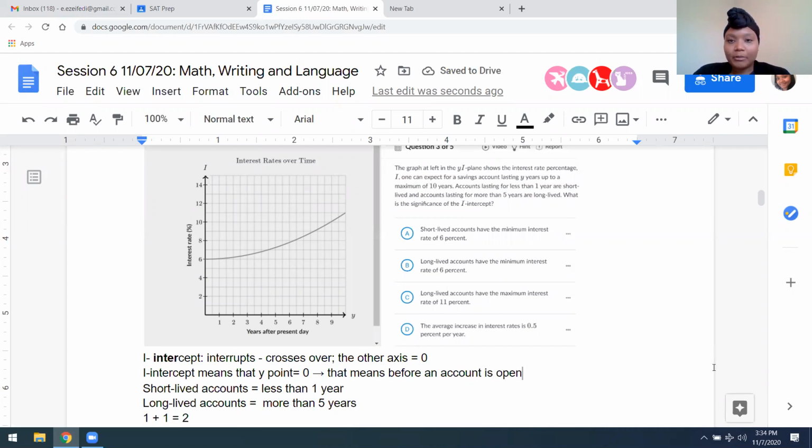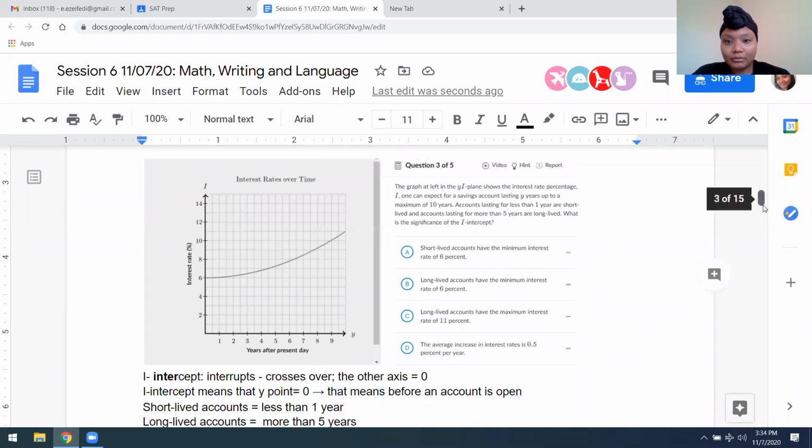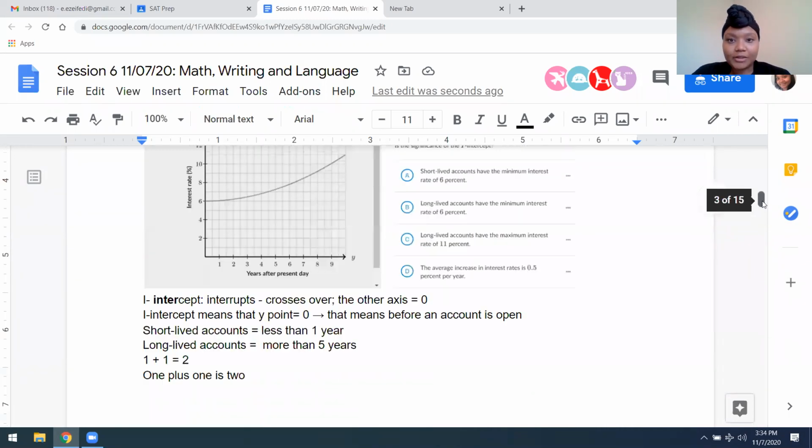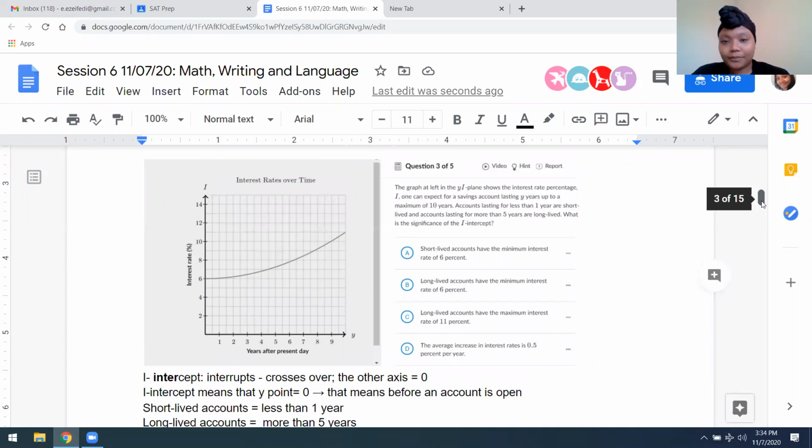So before an account is open, it already starts off at 6%. So that would count as short-lived accounts because that's the same as being open for less than 1 year. So the answer is A.